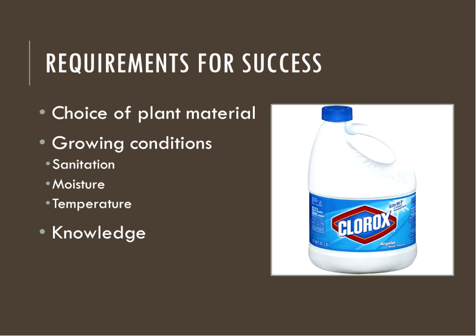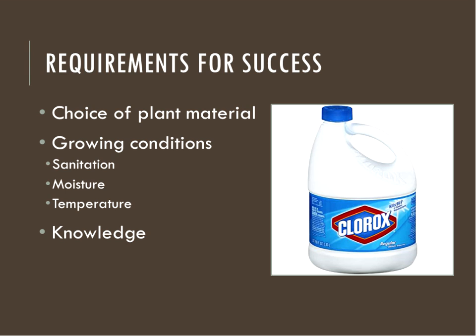For the growing conditions, it doesn't matter which type of propagation you're doing, what technique you choose. These 3 things are always important for growing conditions. Sanitation, excluding pathogens and pests as much as possible, correct moisture levels, and correct temperature levels. And I'll talk a little more in detail about those as we go along.